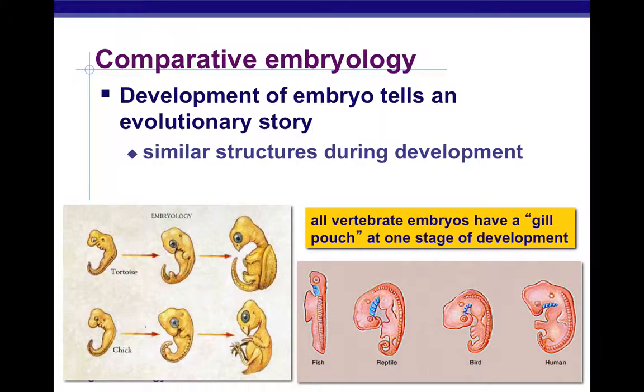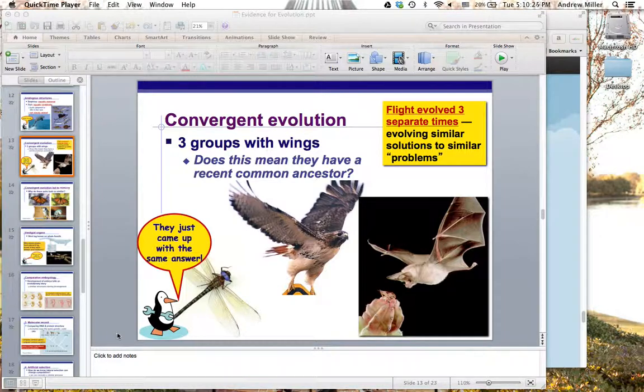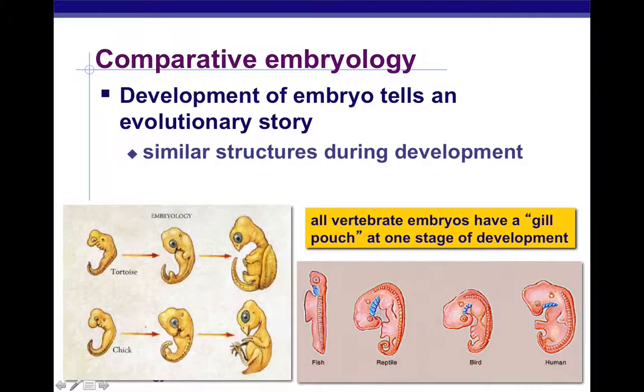Another piece of evidence for evolution is what we call comparative embryology. We're comparing the development of embryos between different species. So looking at how a turtle compares to a chick, you see that primitively they look very similar, and as they develop they develop differences, but still look very similar at this early stage.